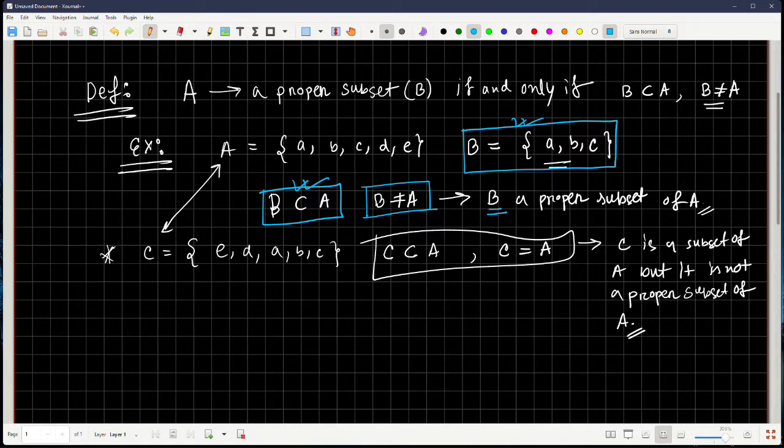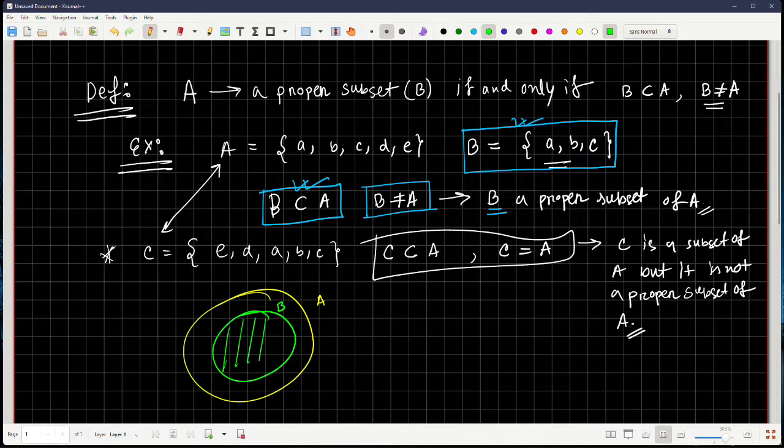And if you want to draw some diagrams, let's say this is A, and any set inside it that is contained within A, let's call that B. In this case, this is a proper subset.